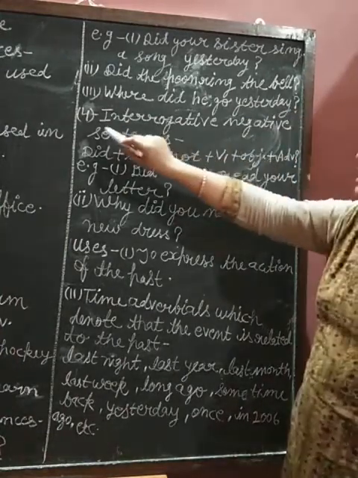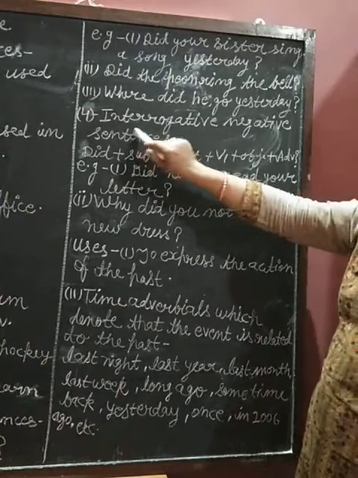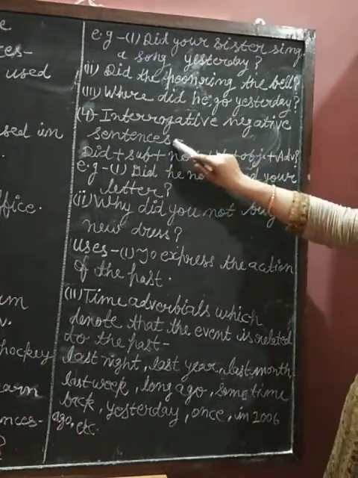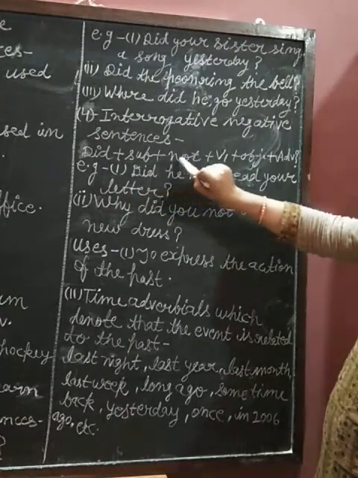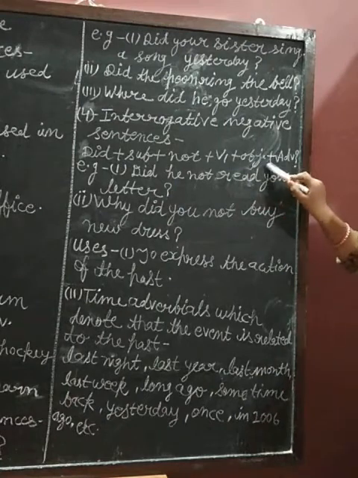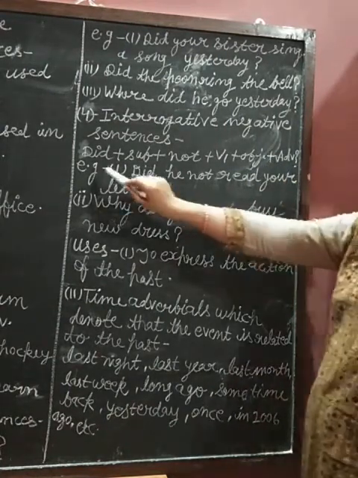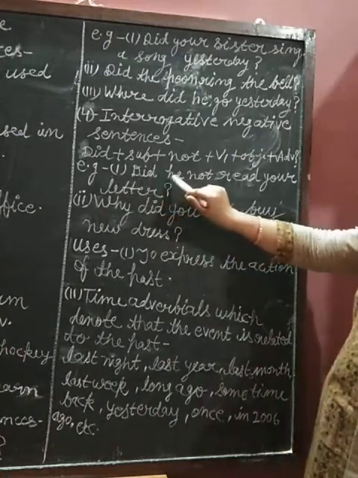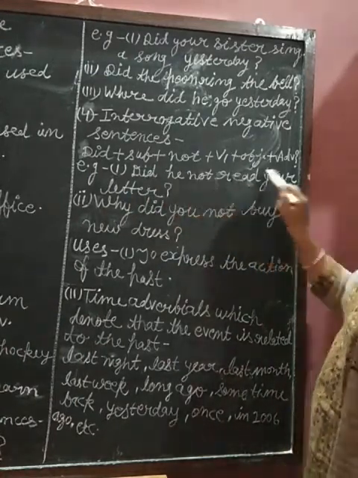And fourth is interrogative negative sentences. Students, how do we make interrogative negative sentences? The structure is: did plus subject plus not plus verb's first form. Example: did he not read your letter?